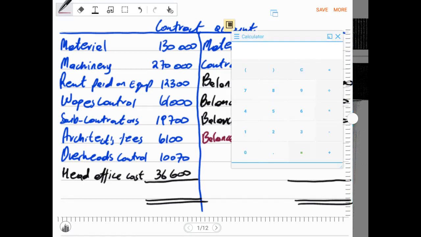So now we say 130,000 plus 270,000 plus 12,300 plus 61,000 plus 19,700 plus 6,100 plus 10,070 plus 36,600.